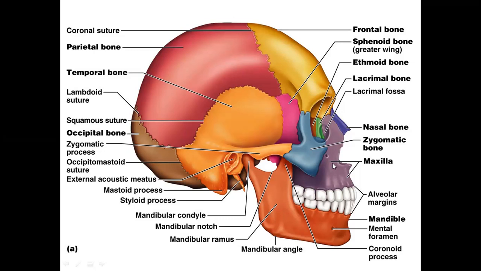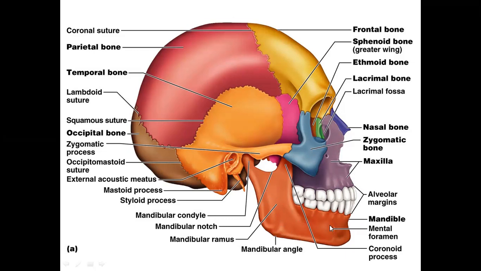In the violet color, the bone shown is the maxilla, and lower down is the mandible. When you talk about the maxilla, we have the alveolar margins, where sockets are there and where the teeth are attached. Now see the mandible, it has the mental foramen. We are going to discuss the mandible as a separate bone, but to complete the lecture, I will tell you whatever structures are seen.